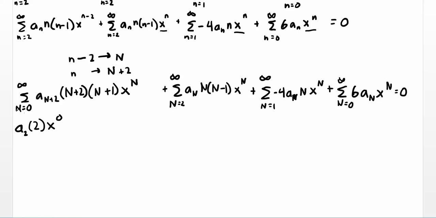The second term will be capital N equals 1, so plus a sub 3, now capital N is 1, times 3 times 2, which is 6, x to the first, plus the rest of the series. But now our series starts at 2, since we took care of those first two terms.